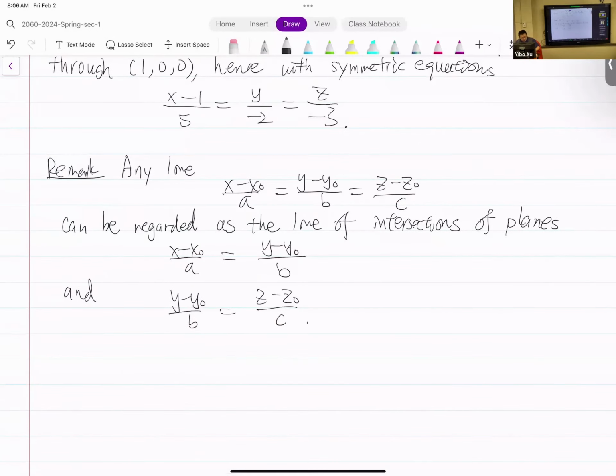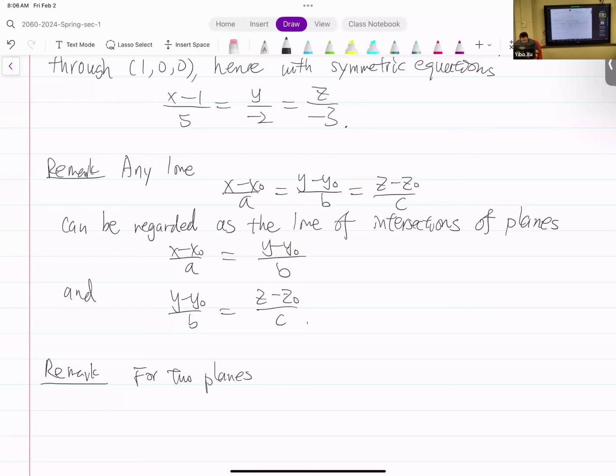Right. Final remark. So now, for two planes, this is a fact that may be useful when you are trying to solve a problem involving planes. Okay?